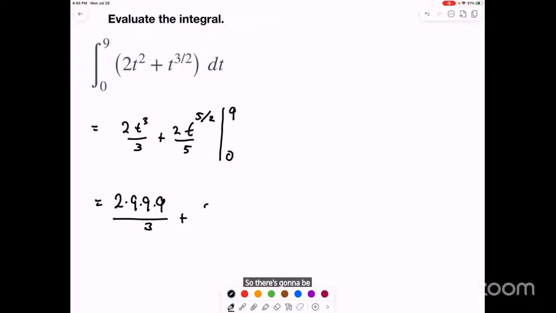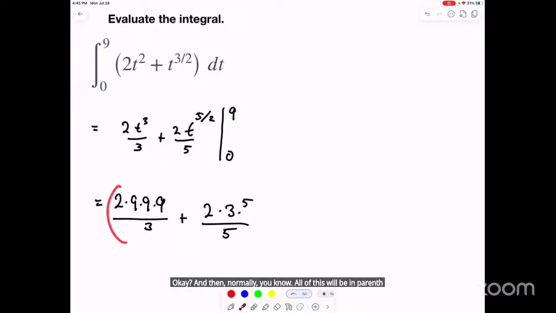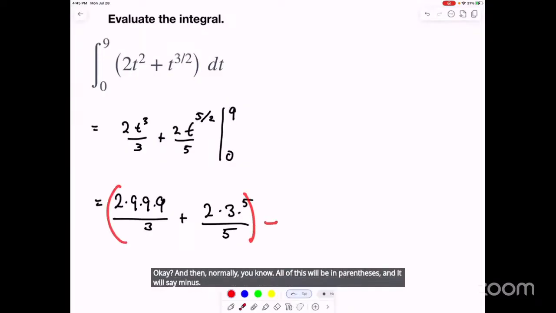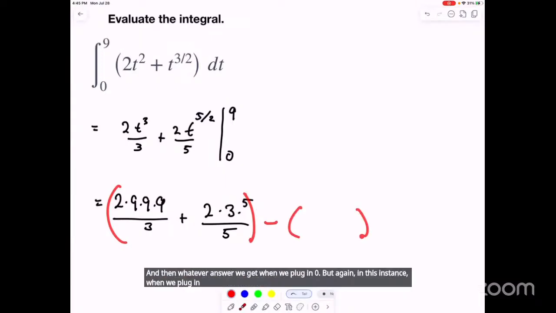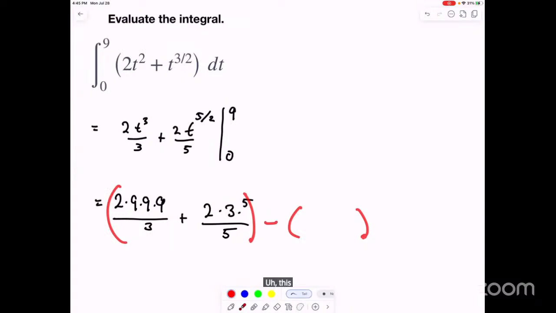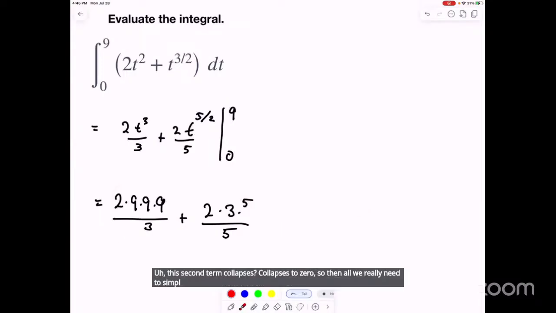So that's going to be 2 times 3 to the power of 5 divided by 5, okay? Normally all of this would be in parentheses, and then we would say minus whatever answer we get when we plug in 0. But in this instance, when we plug in 0, the second term collapses to 0, so all we really need to simplify is this guy here.